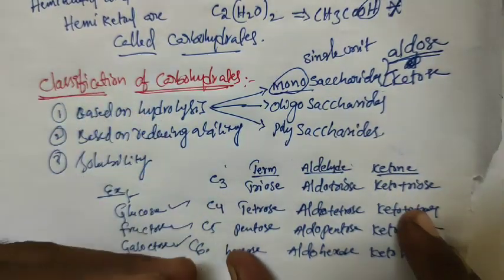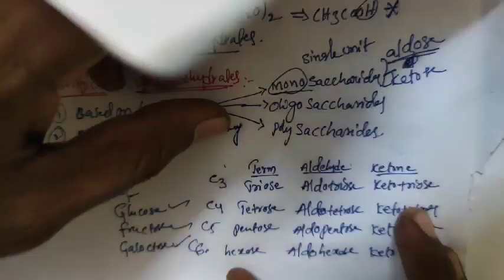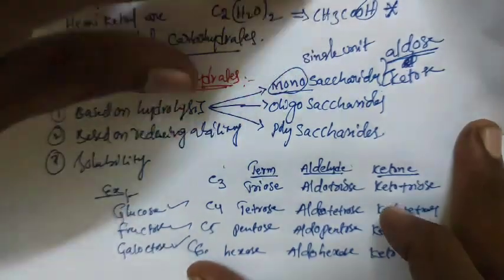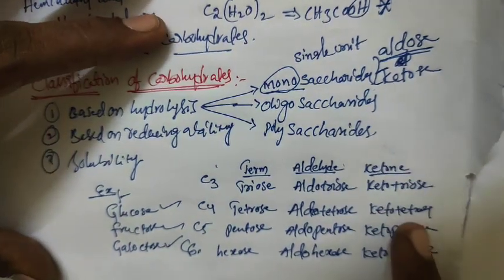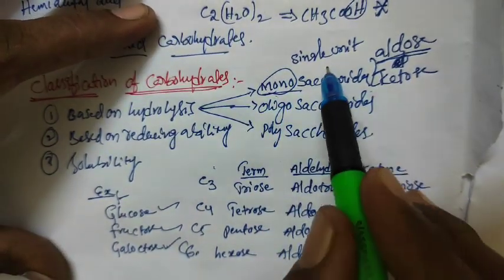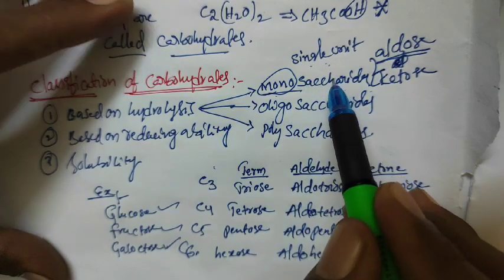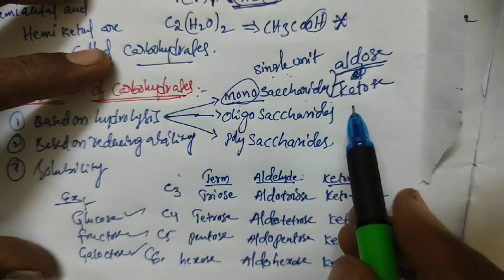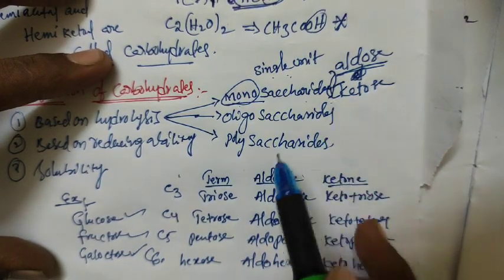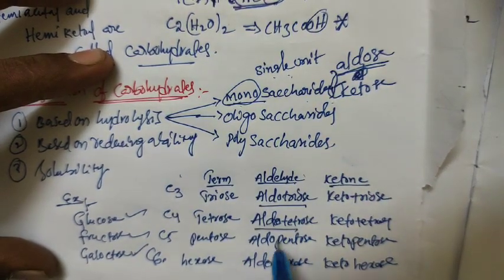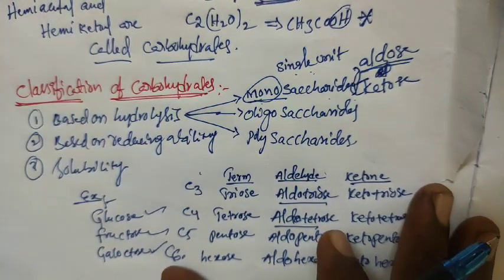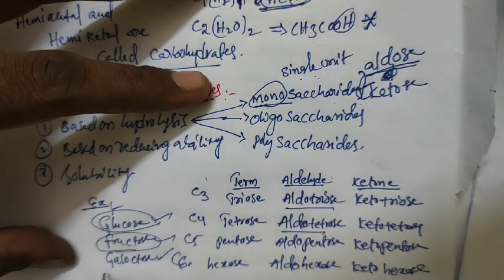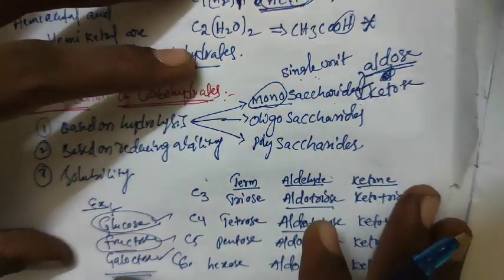If the carbon number increases, the names change. Glucose has 6 carbons, so we call it hexose. A monosaccharide has a single unit and cannot be divided further. So this is about monosaccharides; preparation of glucose, fructose and chemical reactions we will discuss.